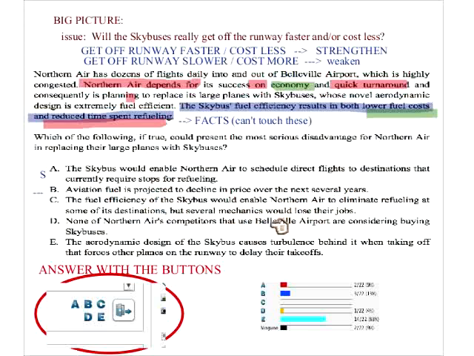C, the fuel efficiency will cause it to eliminate refueling. That's a strengthener. D, mechanics' jobs, unfortunately, are not part of this argument. And then none of them are considering buying Skybuses. This is irrelevant because the argument is about the merits of the Skybus itself, not about whether the competitors are doing the same thing.